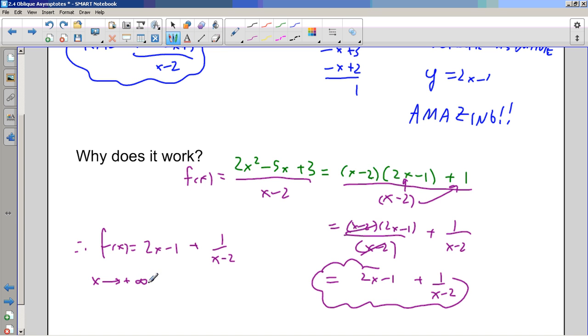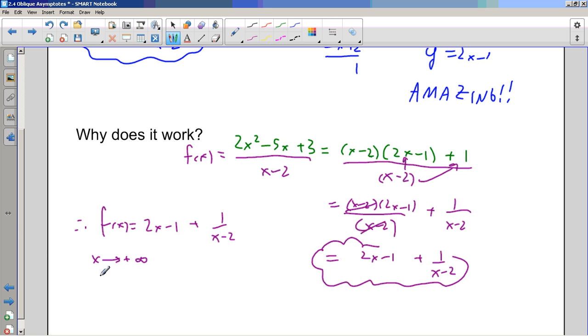When x goes to positive infinity, 1 over this goes to 0, doesn't it? This has a horizontal asymptote of 0. Then we think of that last term going to 0. And then what happens to the entire function? f at x goes to 2x minus 1.